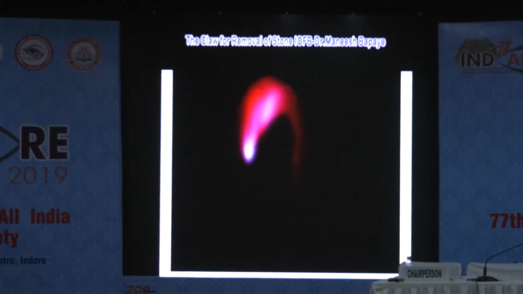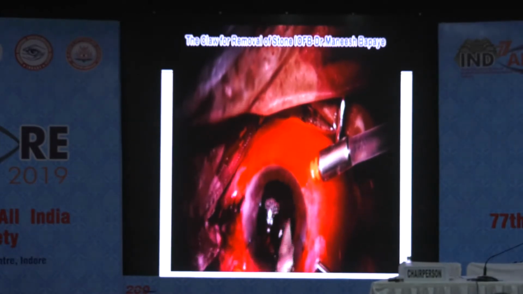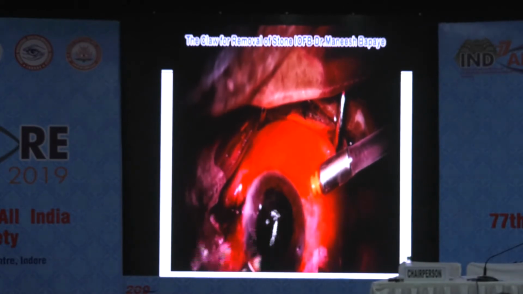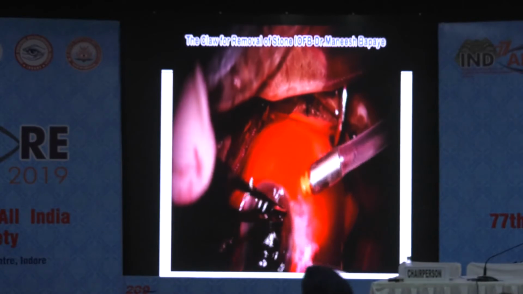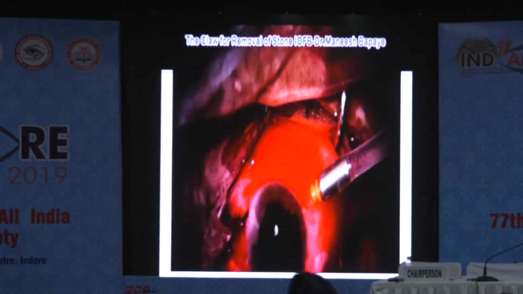This was a stone foreign body, and it was pretty huge, which we could pick up and take out from the limbal incision. It helped me when I encountered the same problem next time. As you can see, it was really big. This is the largest foreign body I have ever removed.